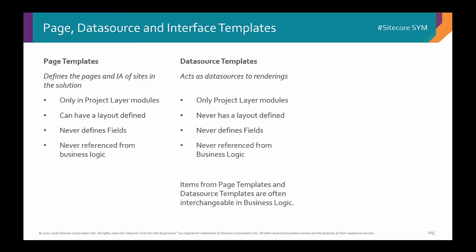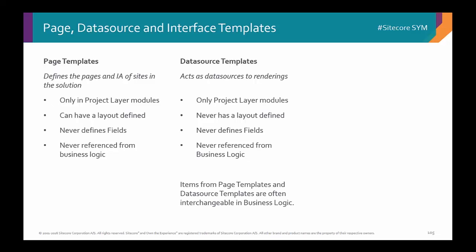Items created from a page type template or from a data source template are often interchangeable. Think of the events, for example. The customer could decide to create an event page, which means we would create a page template for events. They could also choose to just have an event repository, where someone manages all the events and there is a list of all the events.